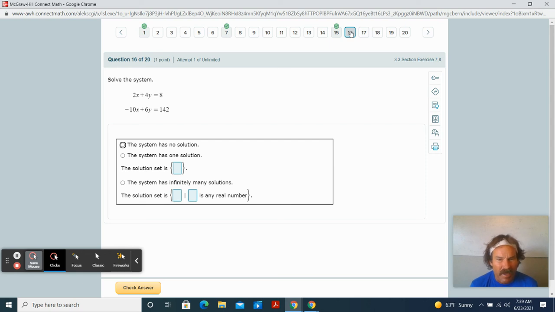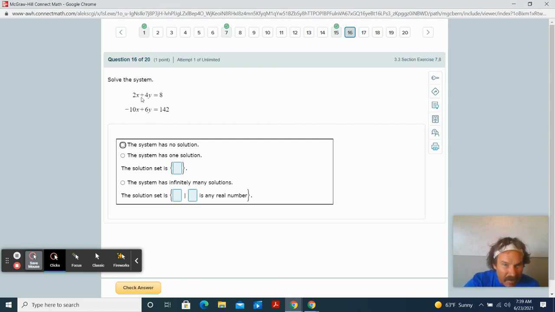It says the system has no solution, the system has one solution, the system has infinitely many solutions. Well, this one here, it is lined up. It doesn't say solve the system by addition method, but I'm going to use the addition method because they're lined up. I don't really want to graph both these, and I really don't want to solve for x or y.